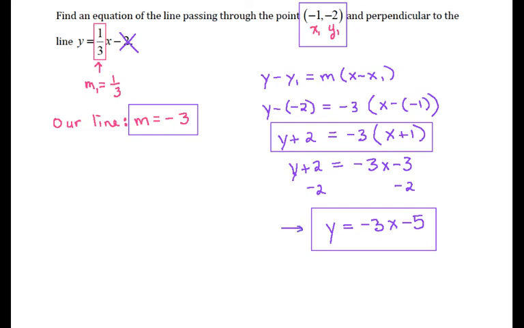This one would be the slope-intercept equation if ever you're asked for that on homework or tests or something. But this is also an equation of the line. It's one of the many point-slope equations of this line. But both of them are equations of the line.